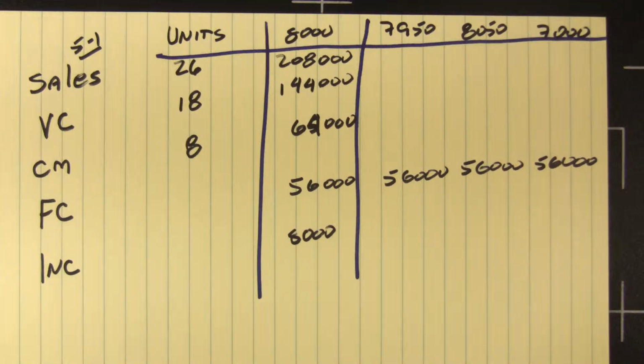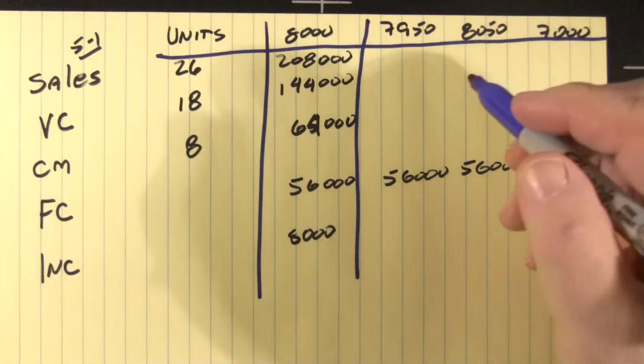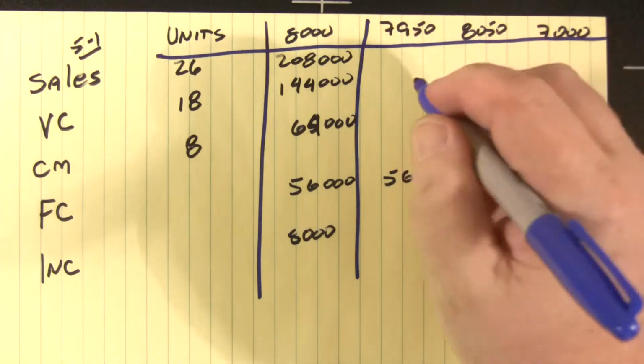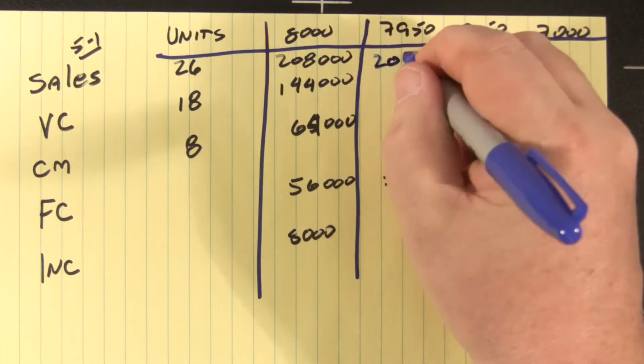That's the big deal. Okay, well, if we go to 79.50, we'll just do it in size order. If we go to 79.50, our total sales, 79.50 times $26 per unit, will come to 206,700.